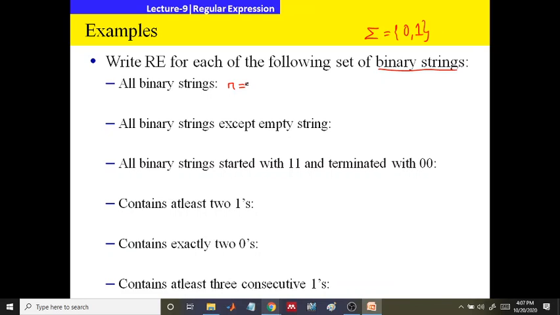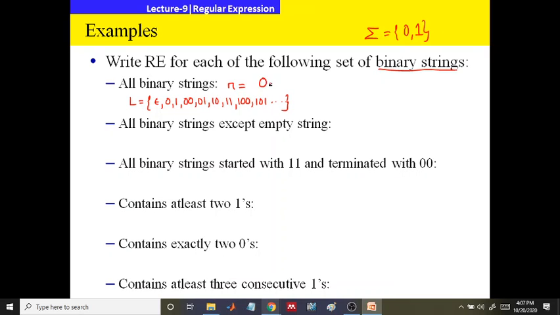I want answers from your side. All binary strings means what should be the language? It should be epsilon, 0, 1, 00, 01, 10, 11, 000, 001, 010, 011, and so on. So your regular expression should represent all these strings.